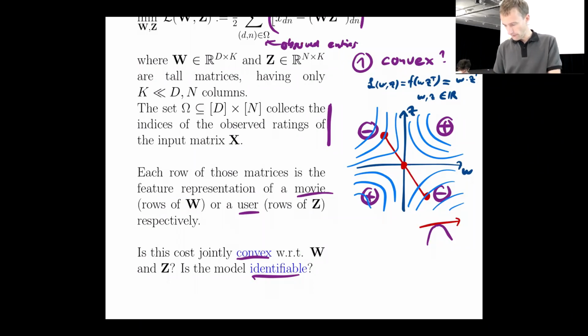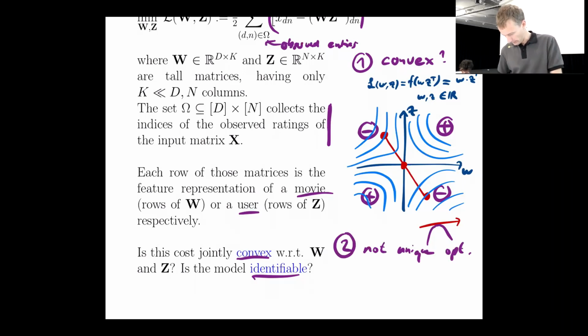Just a very small remark is the second aspect of identifiability. So it's also not unique. What I mean by not identifiable is that there might be several optima, not a unique optimum.